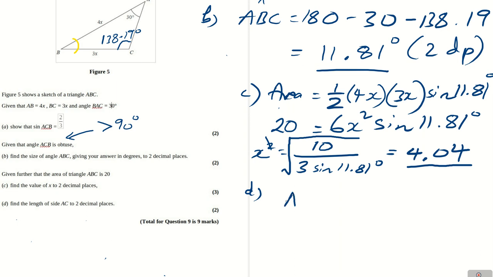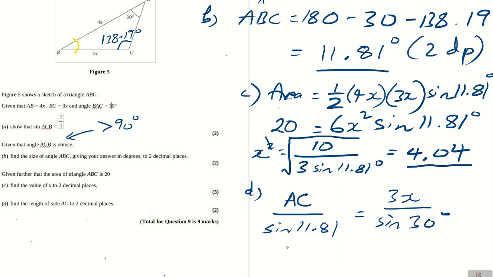So remember, the sine rule tells us that the length of a side divided by the sine of the angle opposite. Now the angle opposite was angle ABC, which is 11.81. So we've got AC over sine 11.81 has got to equal, and we can choose either of the other two. I'll do the 3x divided by sine of 30.